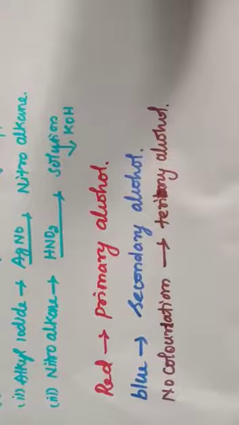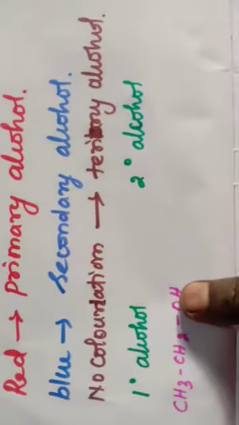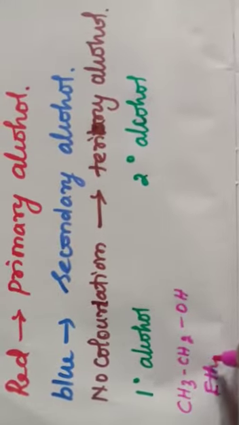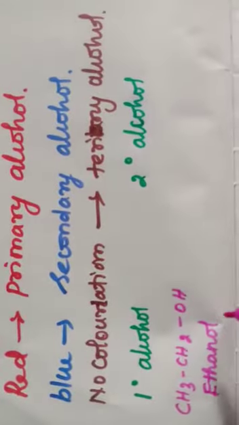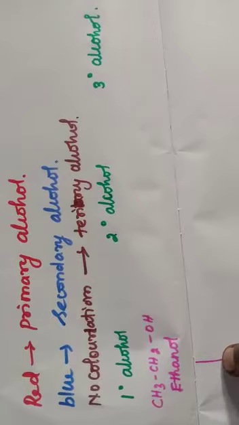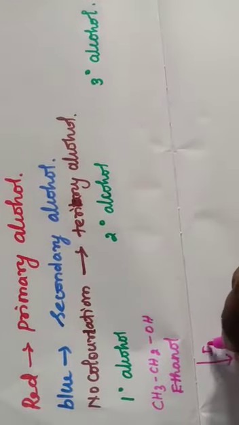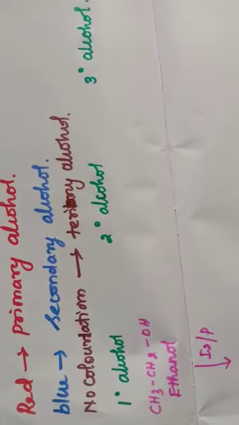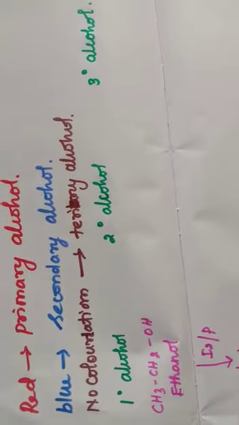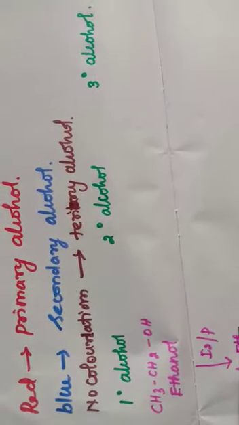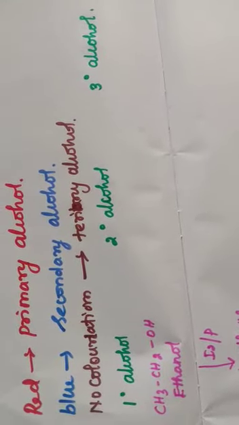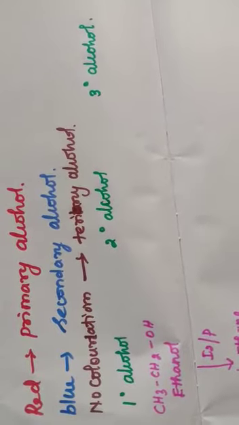Let's see the reactions. Primary alcohol, the name of this compound is ethanol. This ethanol is treated with iodine. We will be getting iodoethane, that is CH3CH2I.